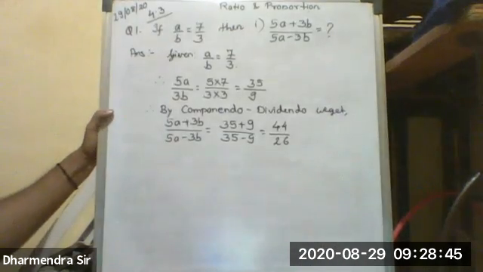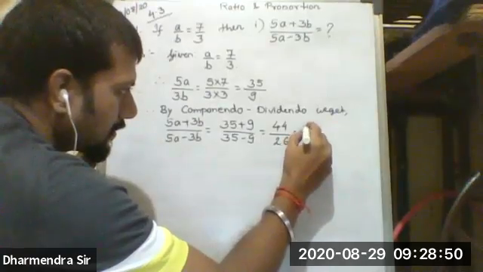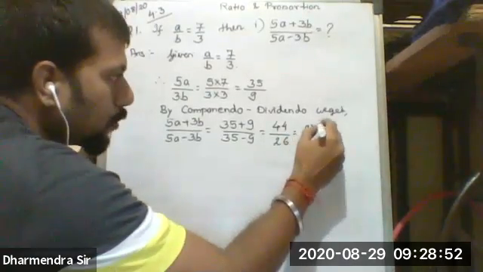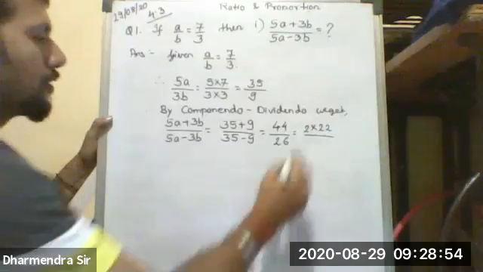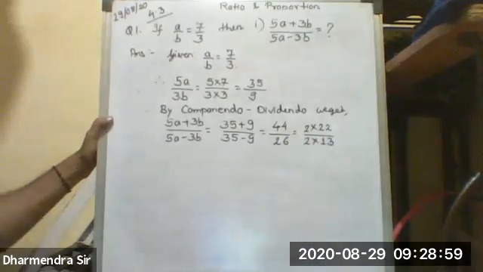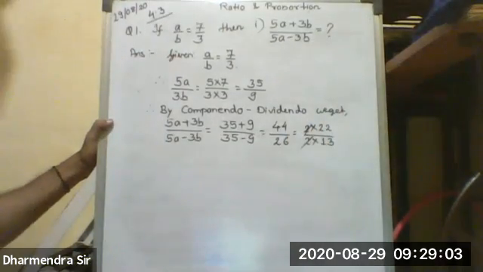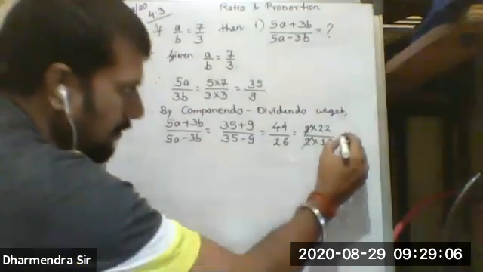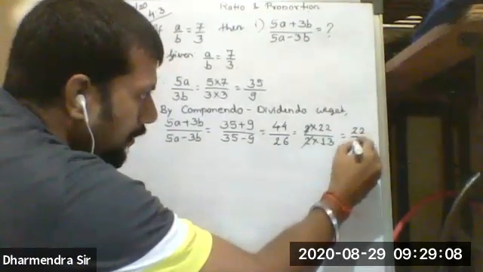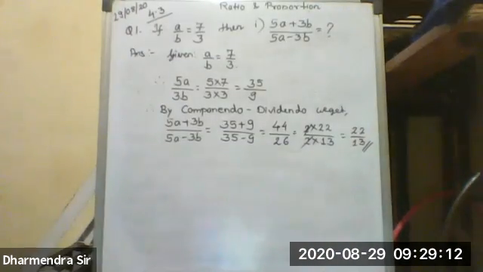As you can see that we are having a common multiple, say 2. So it can be written as 2 into 22 upon 2 into 13. So same terms present in numerator and denominator get cancelled. 22 by 13. This is the answer of the first sub question of question number 1, 22 by 13.